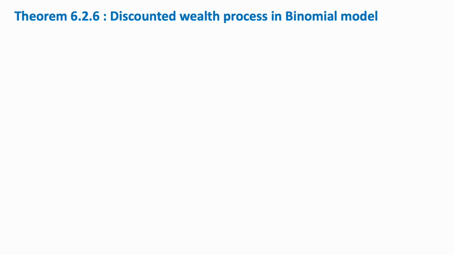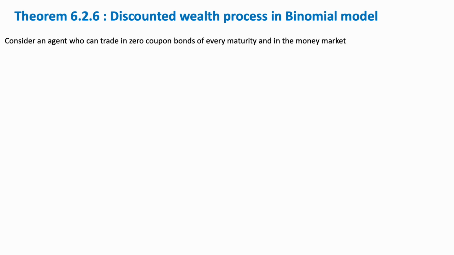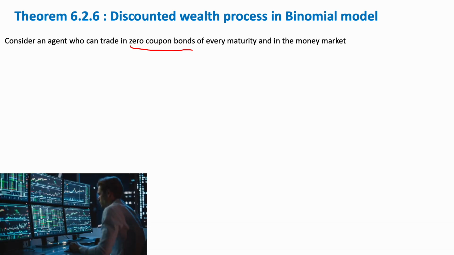So now let's talk about this thing, very important also, which is the discounted wealth process in the binomial model. Let's say we imagine that we have an agent who can trade in the zero coupon bond of every maturity and in the money market. So let's say we have Mr. Trader here. He's ready to make quite a lot of money.